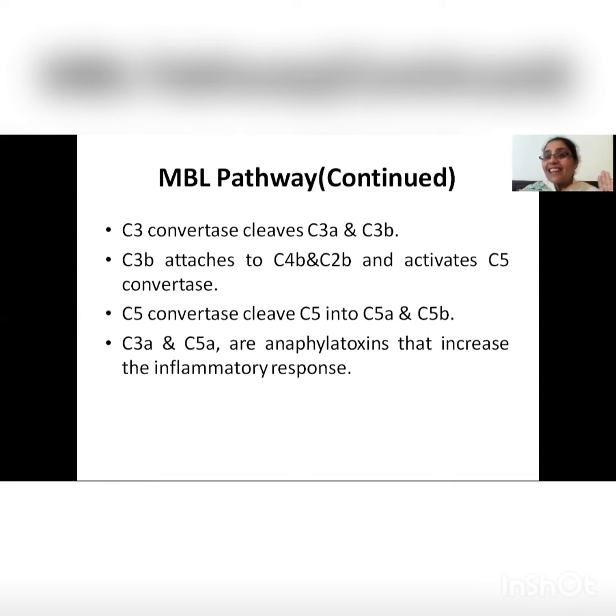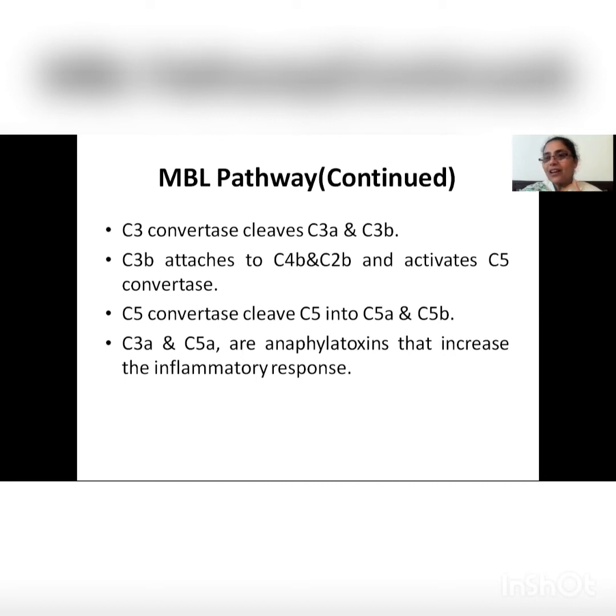As the name signifies, C3 convertase will act on C3 and cleave it into C3a and C3b. C3b was the turning point, the one which called others. This was the first enzyme, C3 convertase, in the classical pathway also.